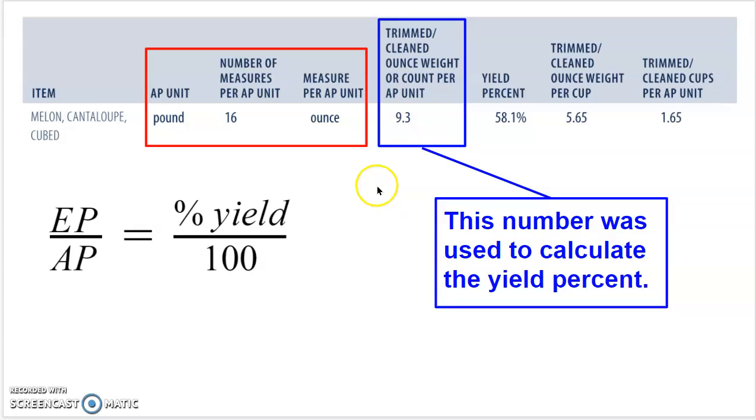To remember that, that's how you calculate the yield percent. The way the book of yields folks calculate yield percent is they take a pound of cantaloupe melons, trim them and weigh them out, and get 9.3 ounces. Then they plug that into the yield percent formula.